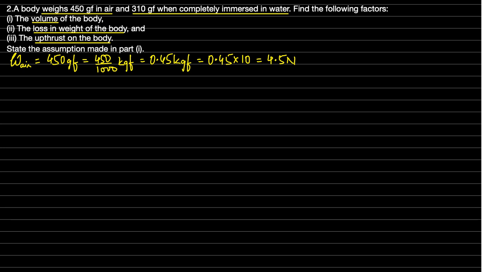And similarly, we will get weight in water. So weight in water is equal to 310 gram force, which is nothing but 3.1 newtons. So we have got weight in water as 3.1 newtons and weight in air as 4.5 newtons.